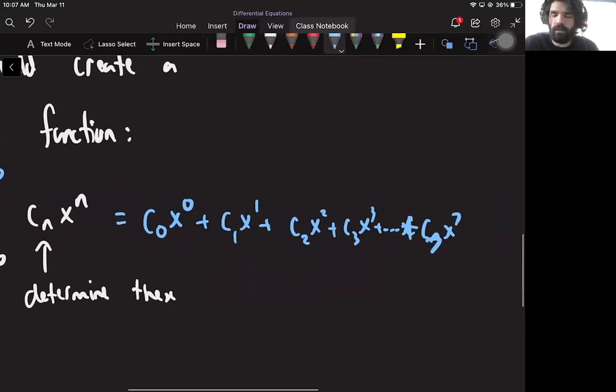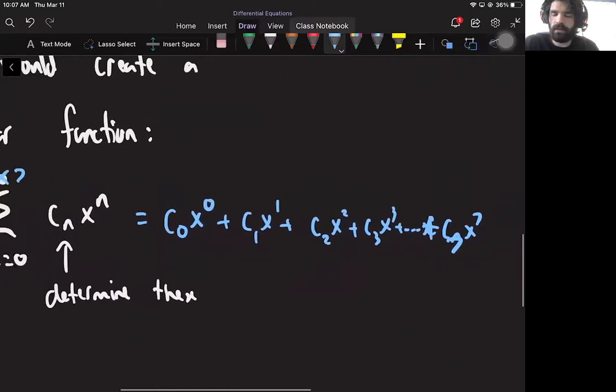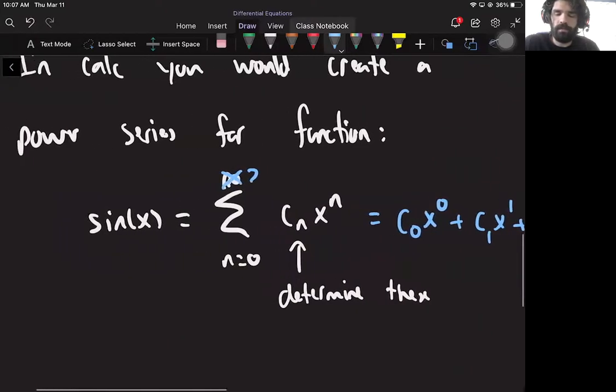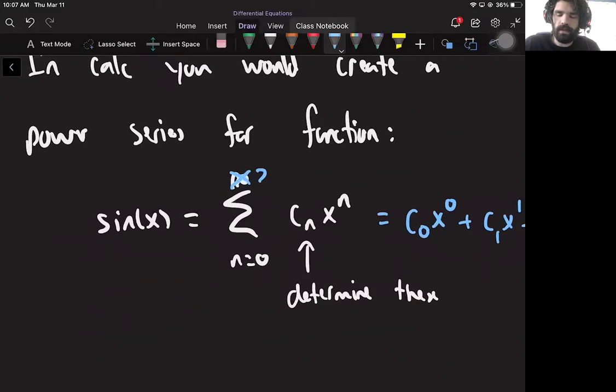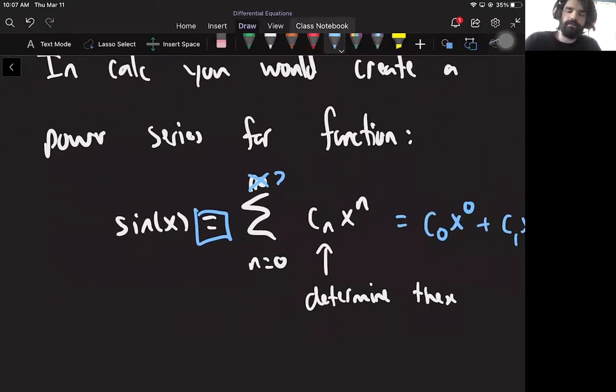And then if you plot more, if you go out to 8, it looks even more like sine, and just forever, as far out as you go, it looks better and better. And because the power series converges to sine, meaning it looks exactly like sine as you go to infinity, then you are able to write that they're equal. So that was the idea in calculus typically.